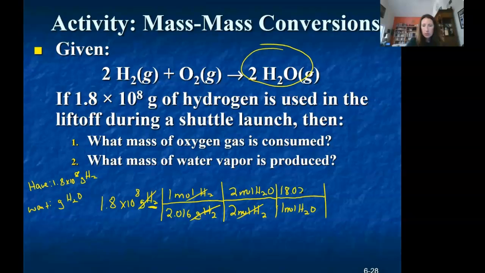Water is 18.02 grams of water. Okay. C times 2 times 18.02 divided by... I'm seeing lots of these. I got 1.6 times 10 to the 9th grams of water.